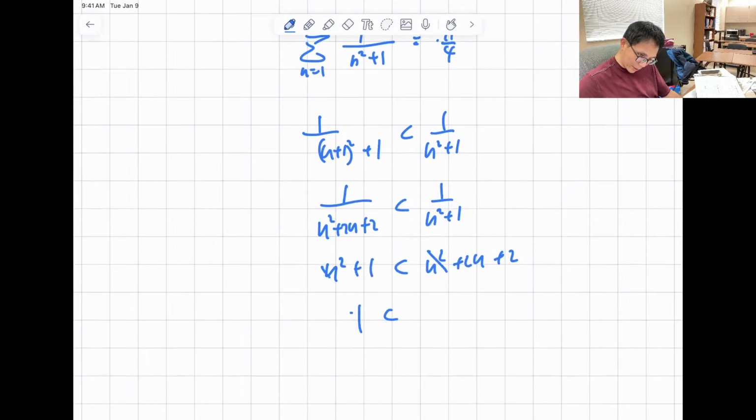So 1 is less than 2n plus 2. Yeah, that's always true, so that means it's always decreasing. That's the algebraic way to prove it. 1 is less than 2n plus 2 because n goes from 1 to infinity, so 2n plus 2 is always greater than 1. So you can prove it this way, or you can prove it using decreasing by taking the derivative. Is that okay?